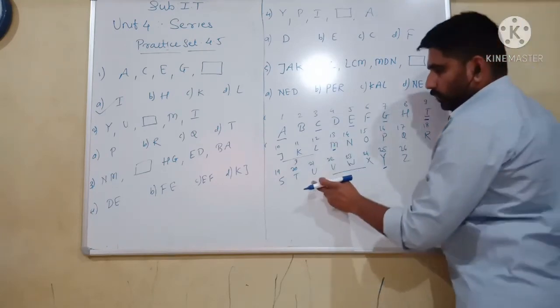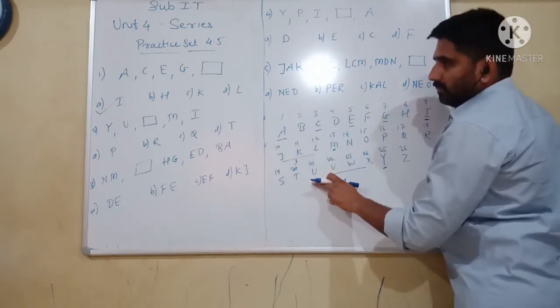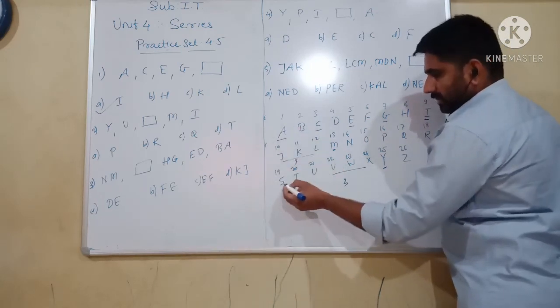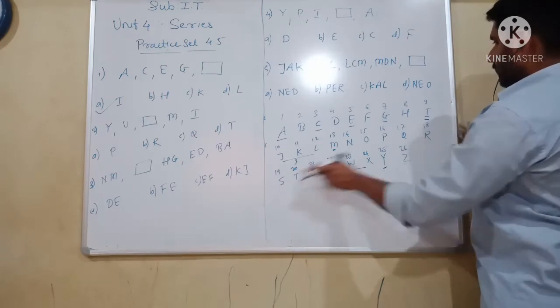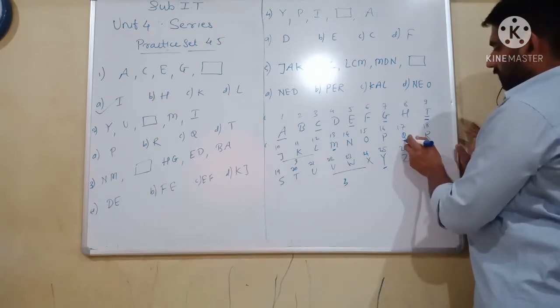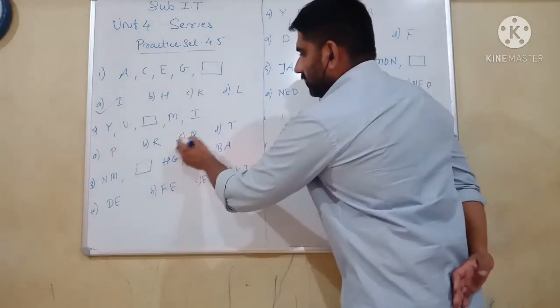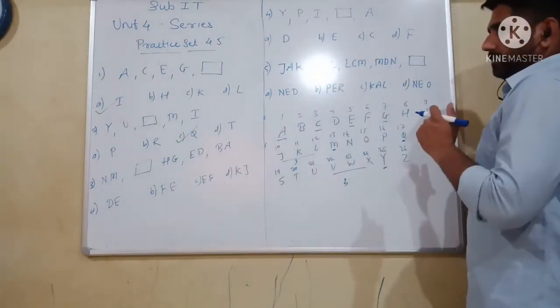So from U, the next will be at a distance of S, T, S, R, which is 4, that is Q. So Q will be the missing term, option number 3.